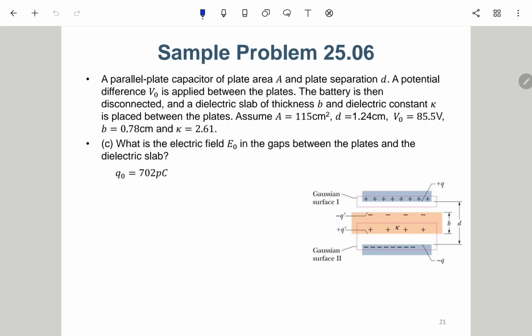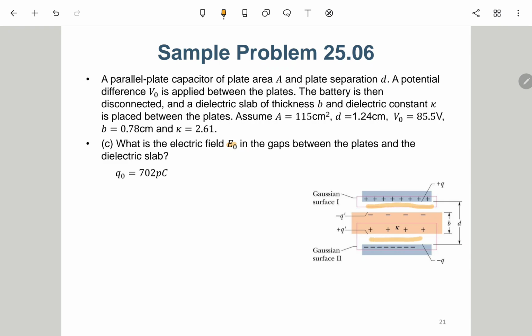Okay, so here is about what is E0? What is the electric field E0 in the gap between the plate and the dielectric slab? Okay, so it asks you the region here or here.